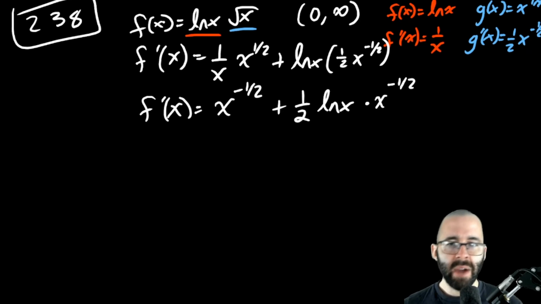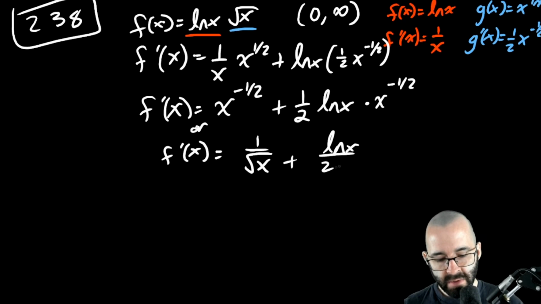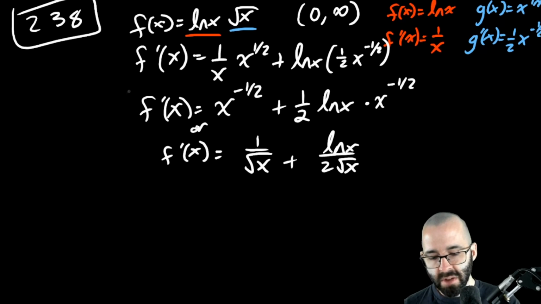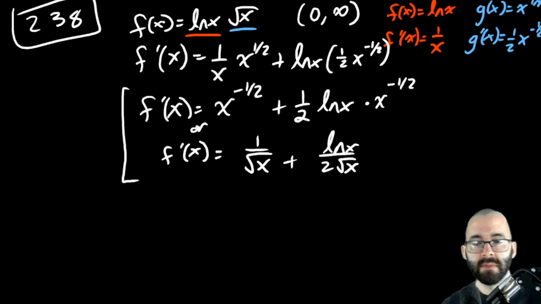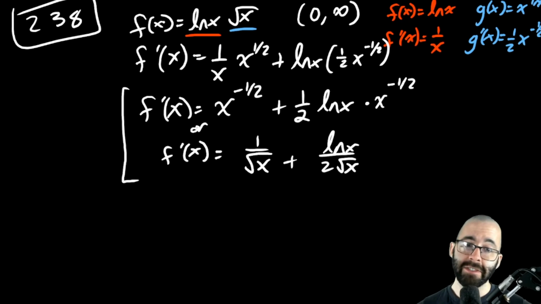This is the form with rational exponents, but you may prefer this form, 1 over root x plus ln x over 2 root x. So both of these are good derivatives. One form is nicer sometimes, the other form is nicer other times. We'll eventually have to take the second derivative, which will include the product rule again.